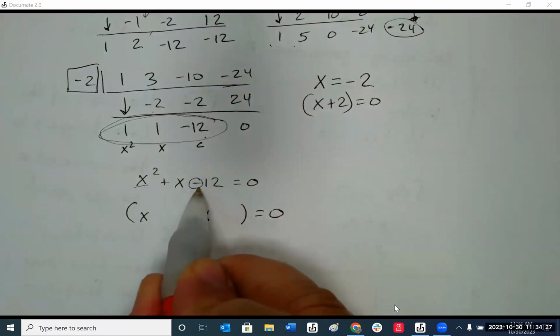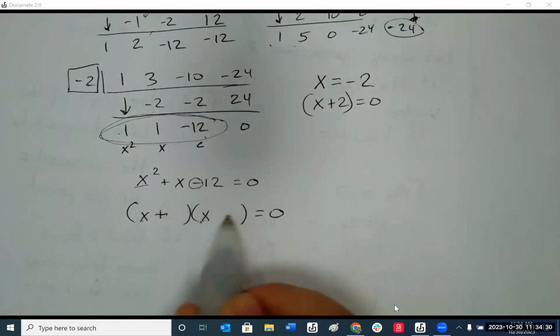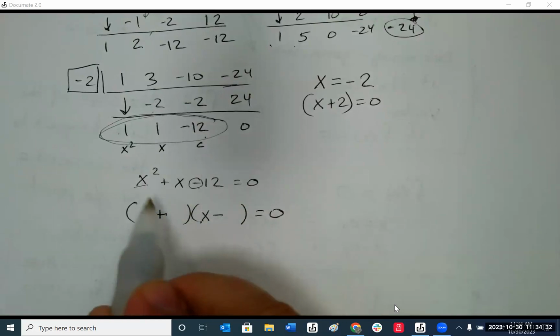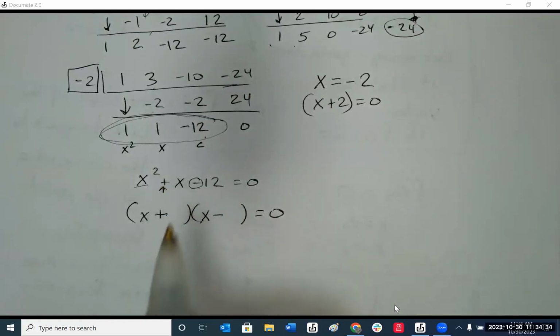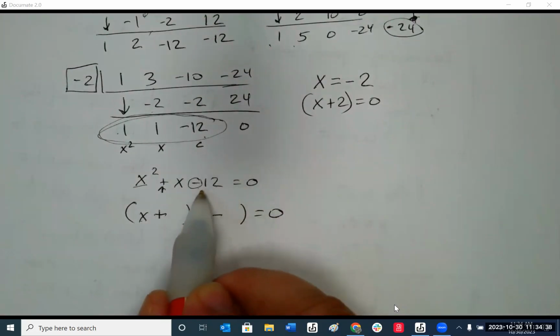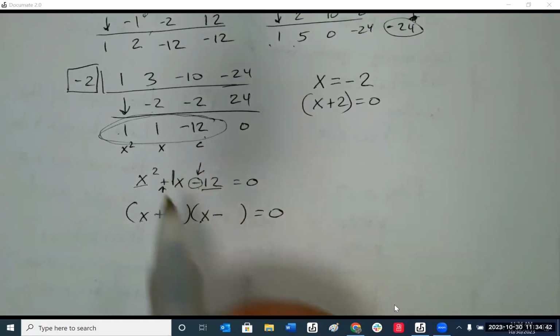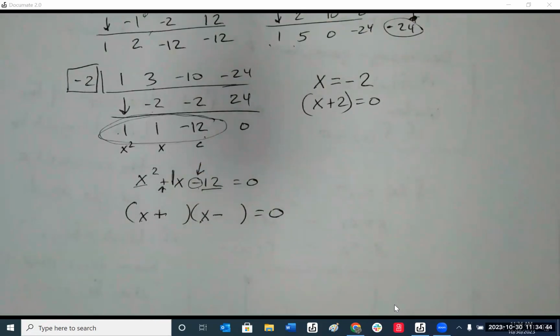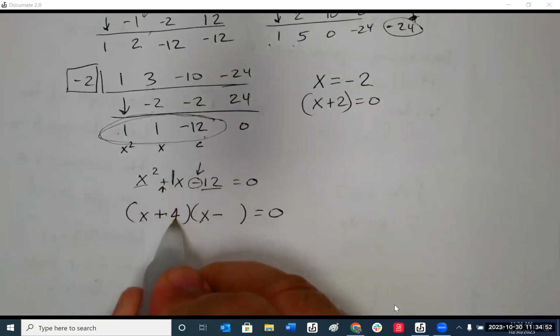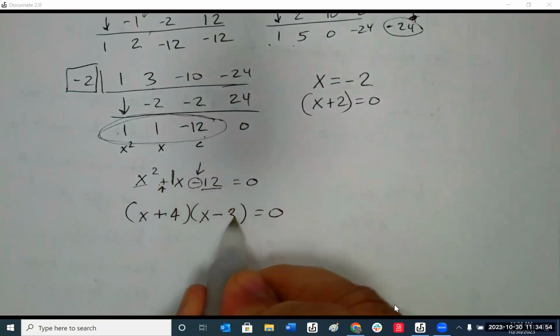The second sign is negative, so the signs are opposites, and the bigger number gets the plus. What times what equals 12, and when you subtract them, you get 1? Forget the negatives: 4 times 3 is 12, and 4 minus 3 is 1. So 4 gets a positive, 3 gets a negative.